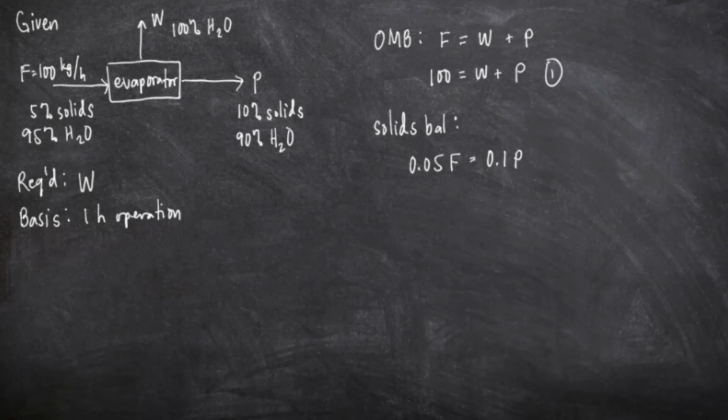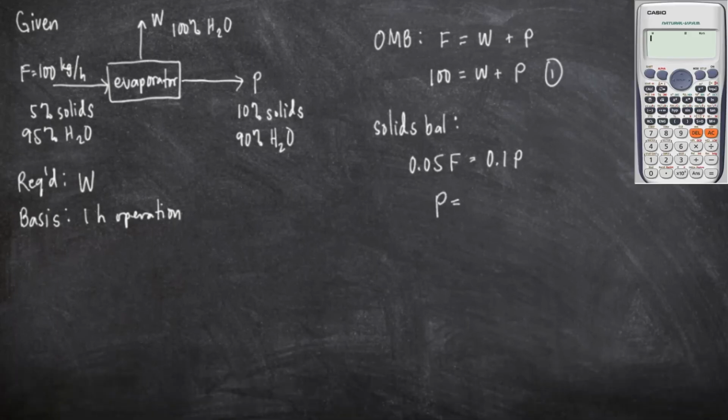Since we know the mass flow rate of the feed stream, we can immediately solve for the mass flow rate of the product stream. That is 0.05 times F, which is 100 kilograms per hour, divided by 0.1. Our product stream is 50 kilograms per hour. It's essentially 50 kilograms, but it becomes 50 kilograms per hour because of our basis of 1 hour operation.